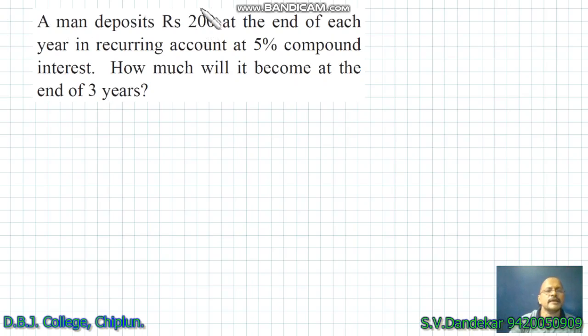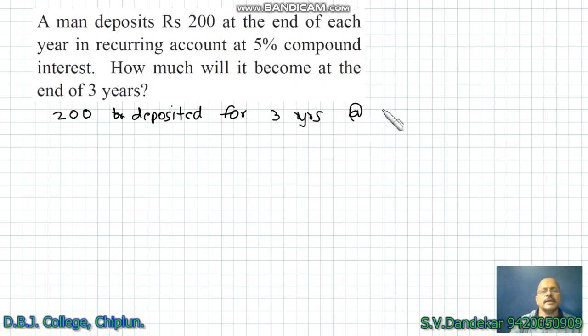Here I can think of the problem as, firstly, 200 borrowed or deposited for 3 years at the rate 5% per annum compound.